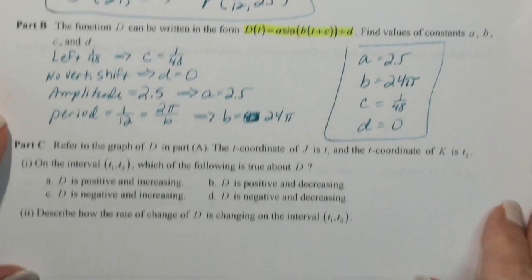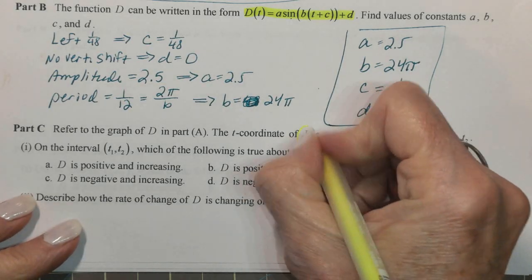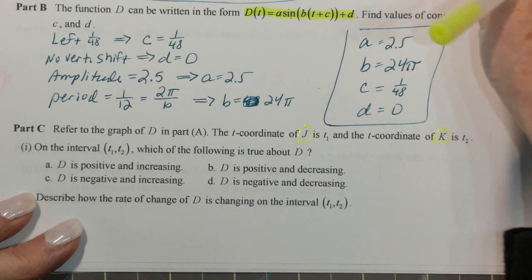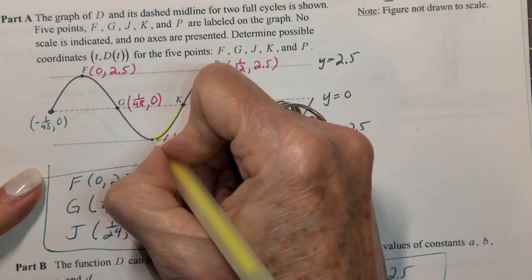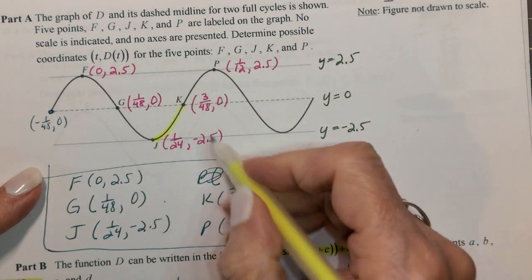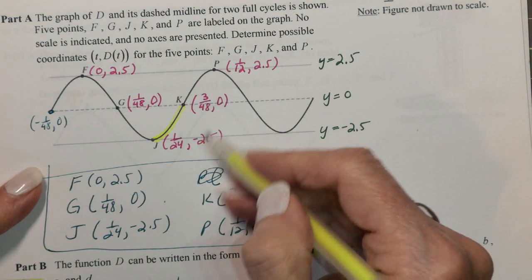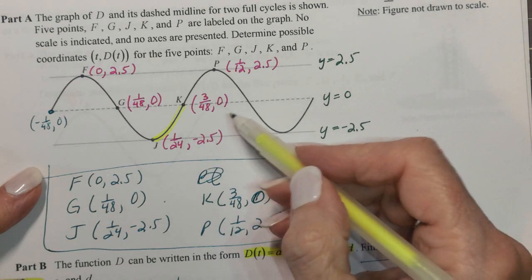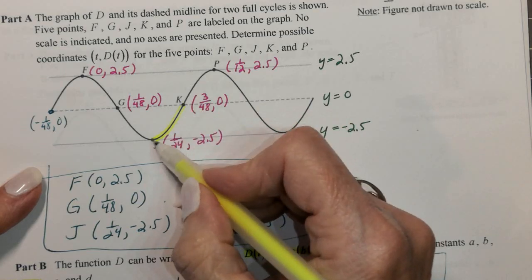Now for the easy ones, let's see where they want us to go. They want us to go from j to k this time. From j to k, the function values are negative, but they're increasing. It's going up.